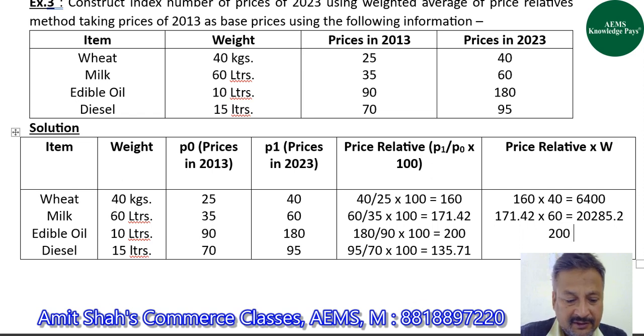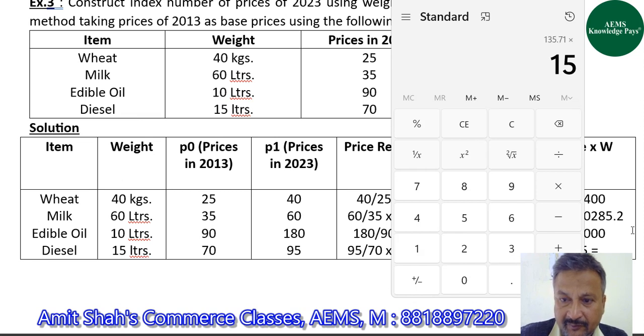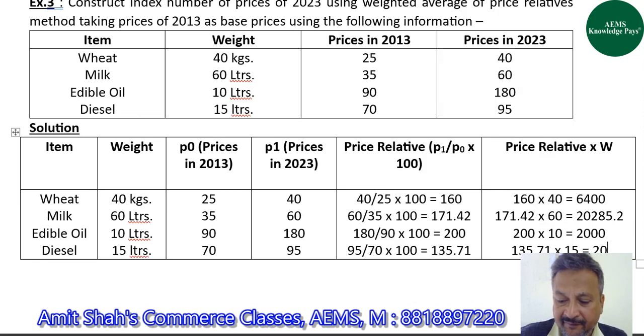Then 200 multiplied with 10, that is 2000. And 135.71 multiplied with 15, that is 2035.65.